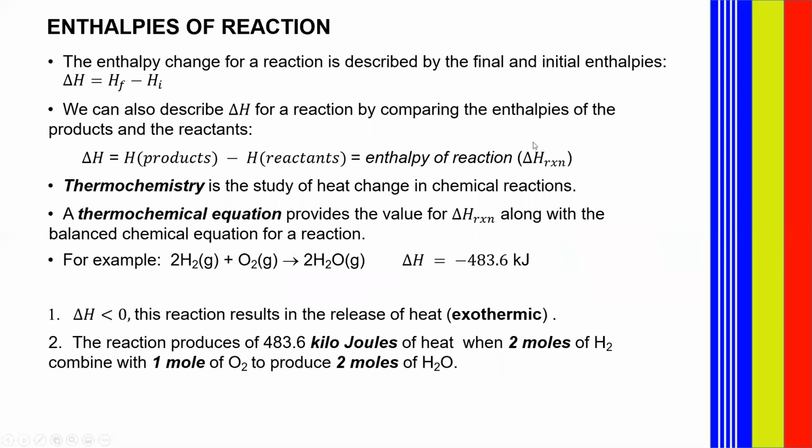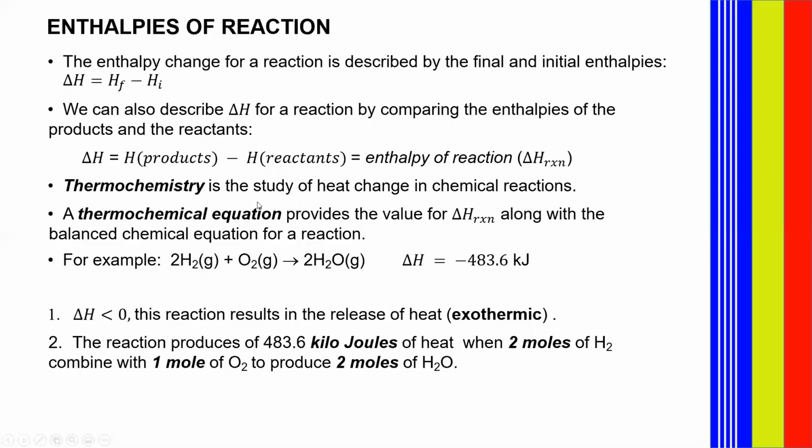Now, I have to say that enthalpy is one of the easiest concepts to understand, even the mathematical problems. The enthalpy change for a reaction is described by H final minus H initial. In some cases, if you're talking about a reaction, you can also do that by taking the H of products minus the H of reactants. Hence, you have the enthalpy of reaction.